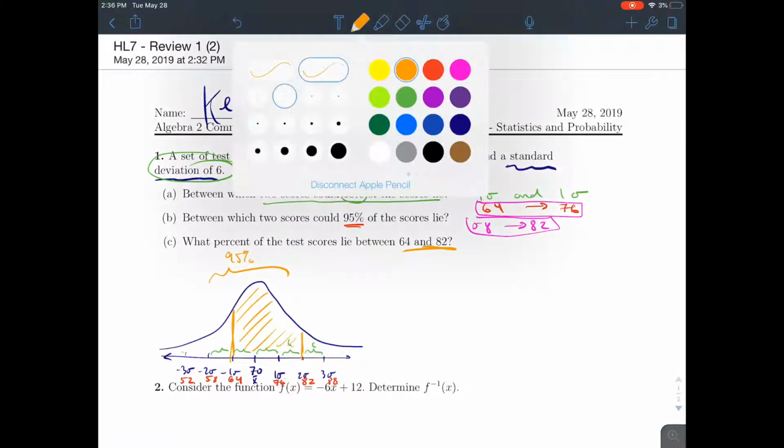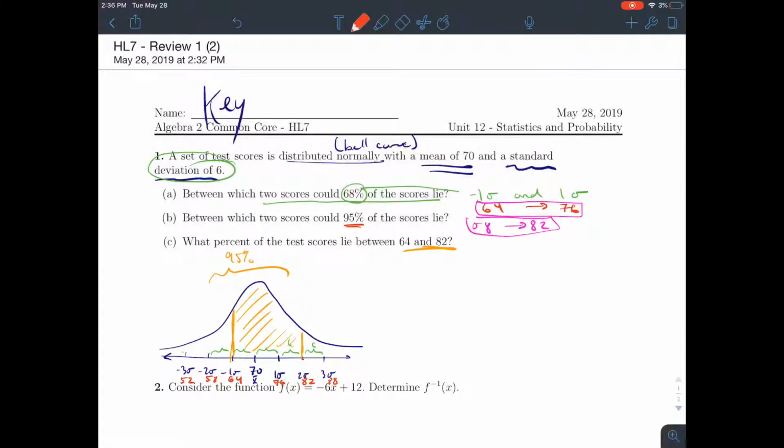Here's a nice way to think about it. We know from -1 sigma to 1 sigma, this is 68%, which means that half of that would be 34%. So this part right here is 34%. Now we have the part from the mean all the way to 2 sigma, and that's going to be half of the 95% that we saw up here.